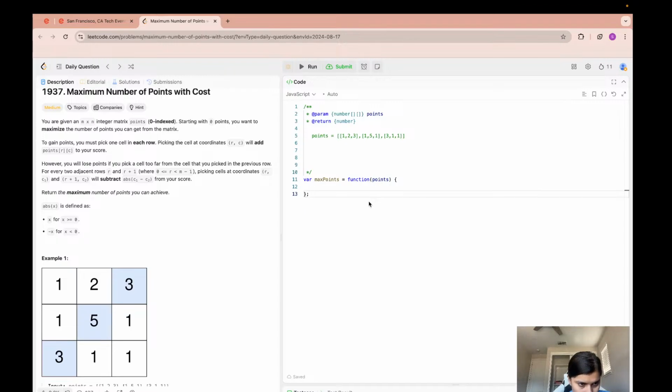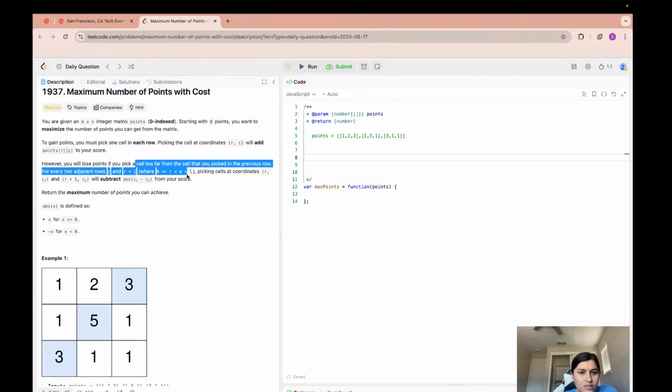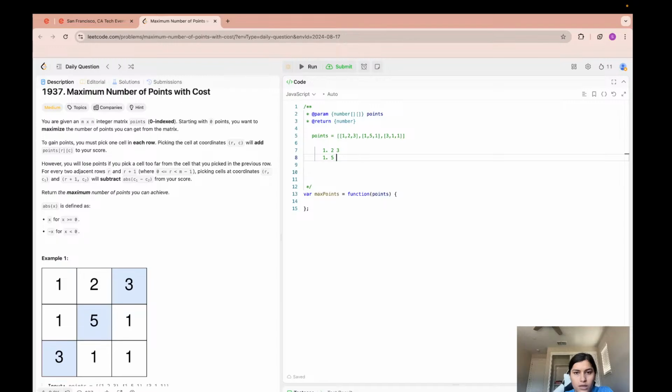Absolute x is defined as x if x is at least 0, and negative x otherwise. So what this means is, if I have 1 2 3, 1 5 1 and 3 1 1, right? We must pick one cell in each row.